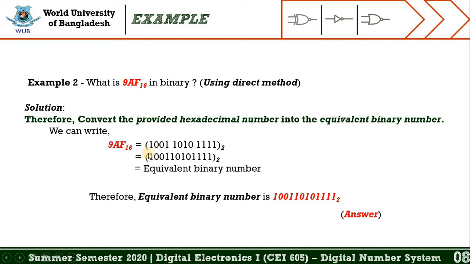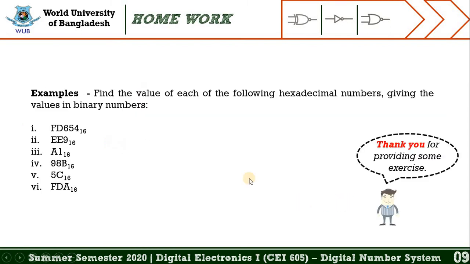So if we convert 9 into a binary number, then we will get 1001. The equivalent binary number of the hexadecimal A is 1010, and the equivalent binary number of the hexadecimal F is 1111, and this is the equivalent binary number of the given hexadecimal number. So let's move into the next slide.